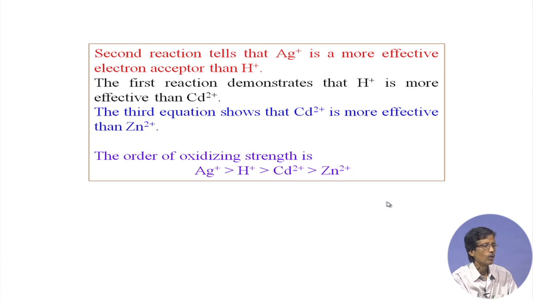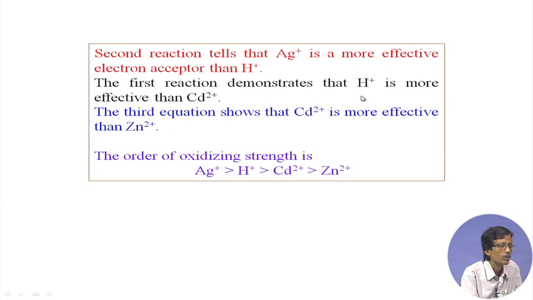We are talking about the oxidizing strength of all these species. We are looking at 4 species and their electron acceptance behavior, and if it is considered in terms of oxidizing strength, we try to have some order for the 4 different species. So, the first reaction tells us that H plus is more effective than cadmium 2 plus.